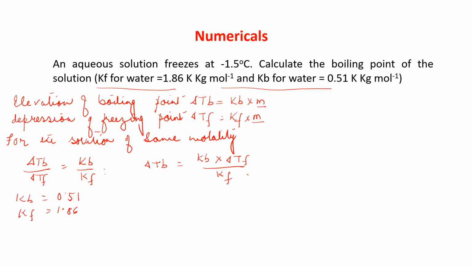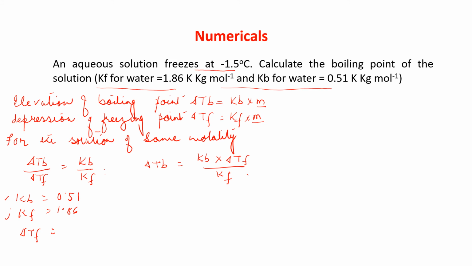Am I clear? Now Kb is also given, Kf is also given. What is delta TF? An aqueous solution freezes at minus 1.5 degrees centigrade. So what is delta TF?